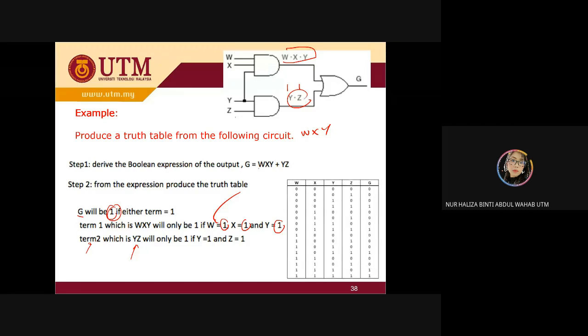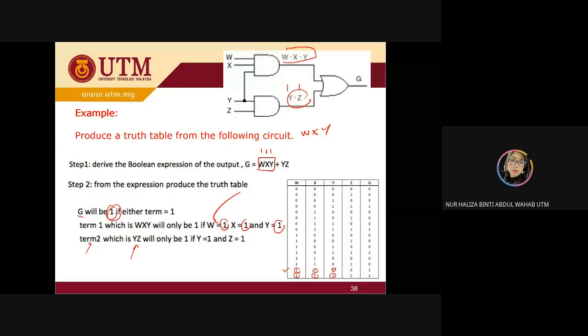So you can see first of all, you have 1, 1, 1 for W, X, Y. W, X, Y is 1, and you can see also there is another possibility, which is W, X, 1 is 1. It doesn't matter what your X value is, because as long as this meets 111, you will get 1 for your output.